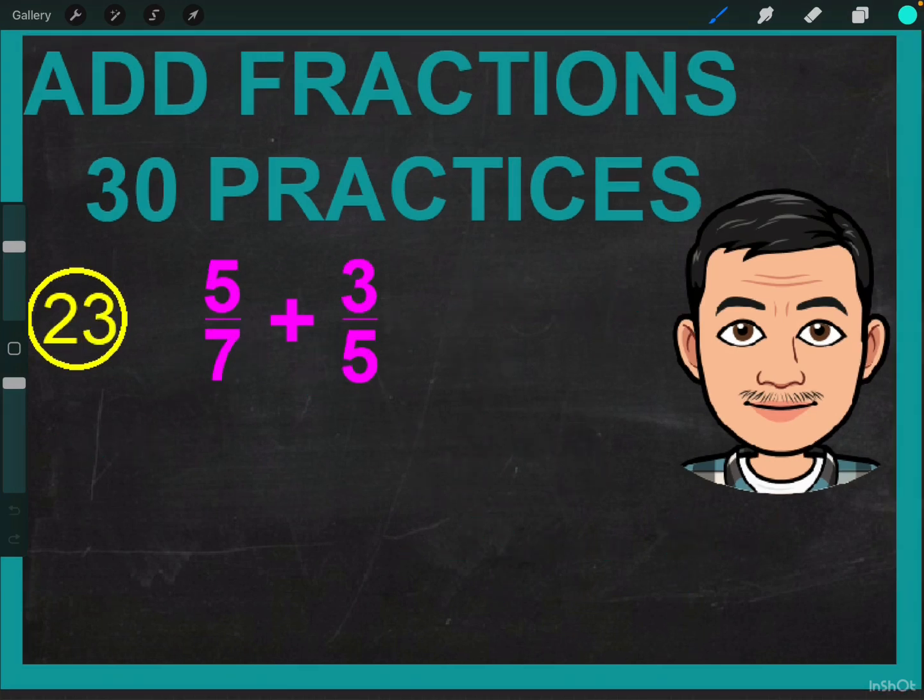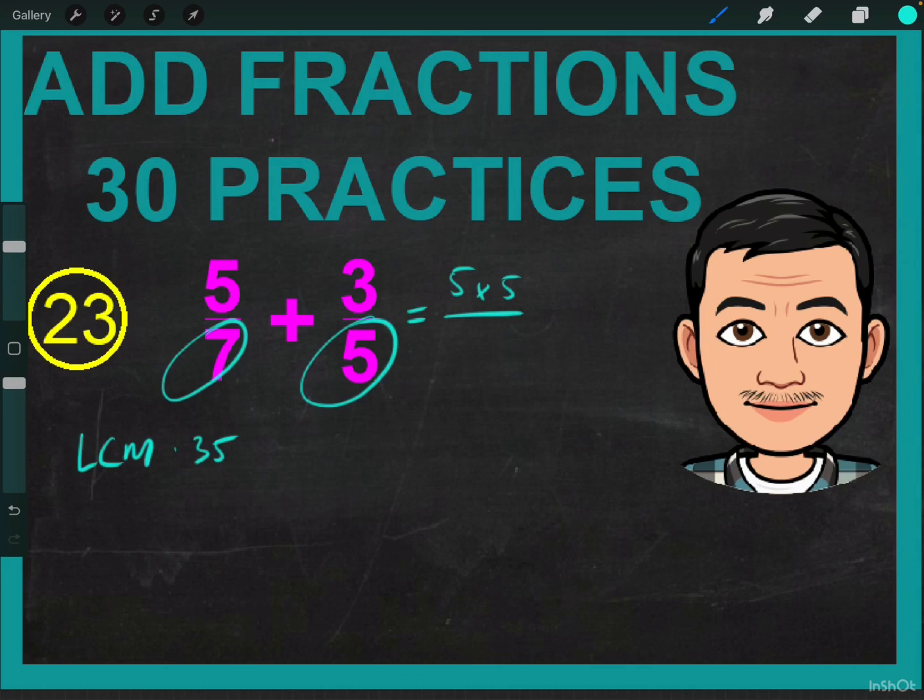Bracket number 23, we have two fractions with different denominators, 7 and 5, and we can see the LCM of 7 and 5 is 35. So now we convert the fractions. We got 5 times 5 on the top and 7 times 5 for the denominator, and the second fraction we got 3 times 7 for the numerator, and the denominator is 5 times 7.